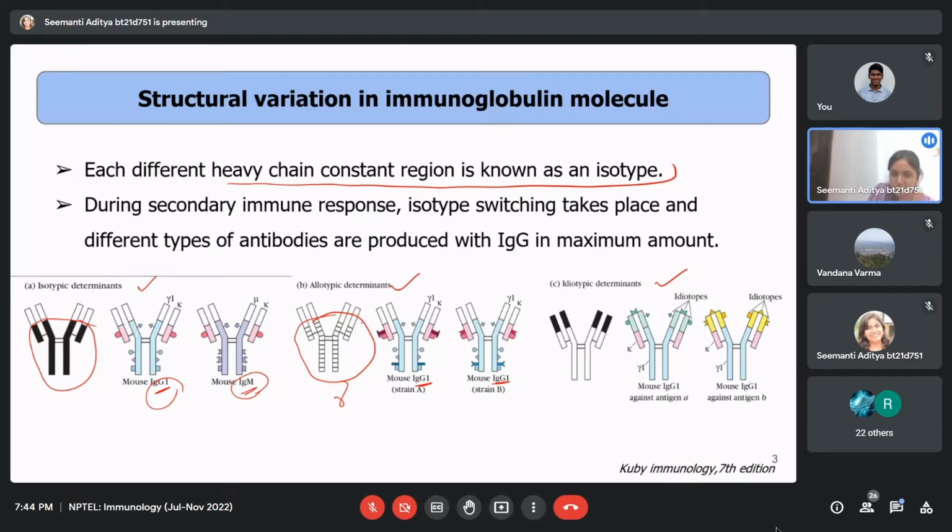So that is what is meant by allotypic determinants. And the last is the idiotypic determinants, which are basically the changes in the variable region of both the heavy chain and light chain. So it changes in this variable region, or this CDR region, or the hypervariable region. Those are associated with idiotypic determinants.